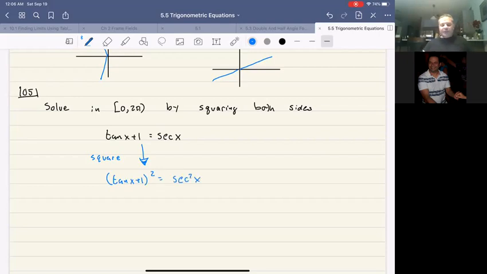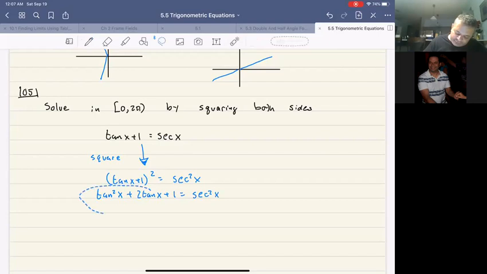Okay, and I'm going to multiply this out. Remember, when you FOIL this out, we're going to have tan x times tan x is tan squared, plus, now when you multiply this out, you're going to have the outer and inner terms as well, right? So that's going to be 2 times tan x, plus 1 equals secant squared of x.